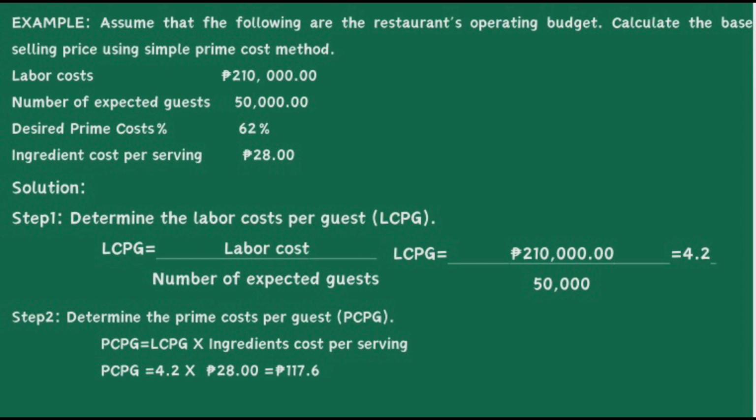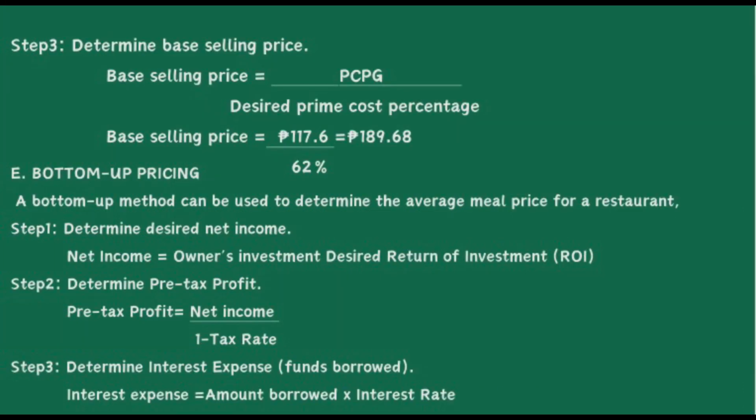Prime cost per guest 4.2 times ingredient cost per serving 28 equals 117.6 pesos. Step 3, determine base selling price. Base selling price equals prime cost per guest over desired prime cost percentage, equals 117.6 pesos over 62% equals 189.68 pesos.